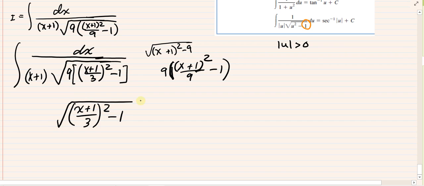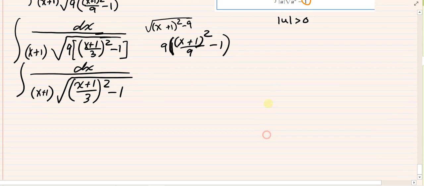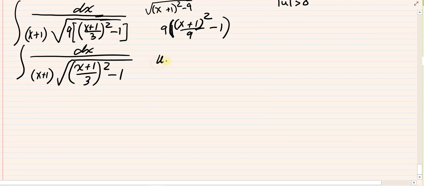That's what's in the radicand. And that's my dx, and here's x plus 1, and there's my integral. Okay. Now, it's easier to adjust everything to the radicand. So at this point, I'm going to make my u substitution. It's okay, I'm going to let u be x plus 1 over 3.